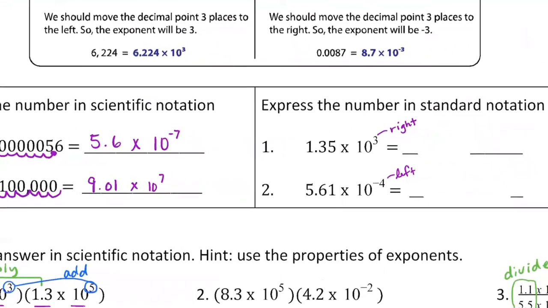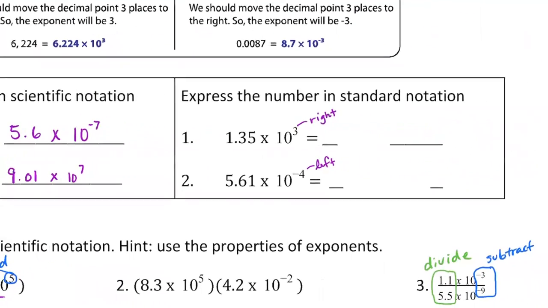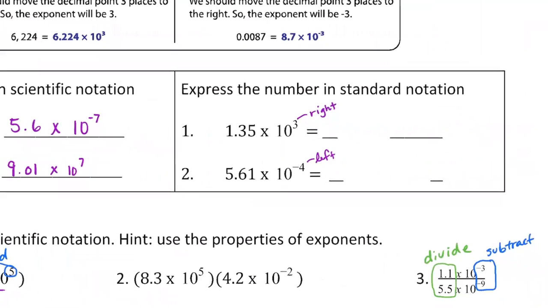Now, if we're going in the other direction, we're going to take it from scientific notation to standard notation. If the number has a positive exponent, that means you're going to move the decimal to the right. That means the number's getting bigger overall. If this is a negative exponent, that means this number is going to get smaller, so you're going to move the decimal to the left.